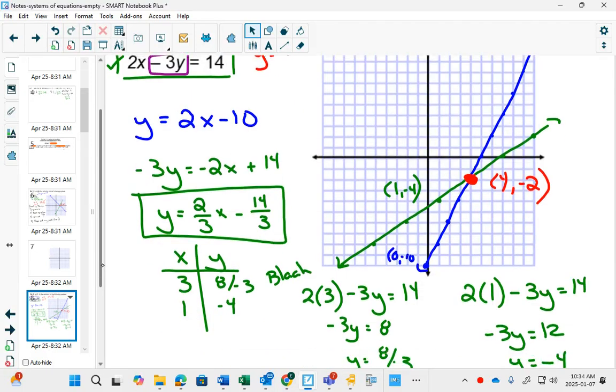But we did a table of values and we found a nice point, and then we still used the slope from y equals mx plus b because that was helpful to go up 2 over 3, up 2 over 3 and find a bunch of other nice points. Because if you have a slope and one nice point, you can use that slope to find a whole bunch of other nice points.